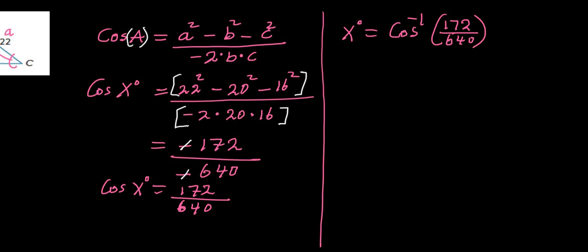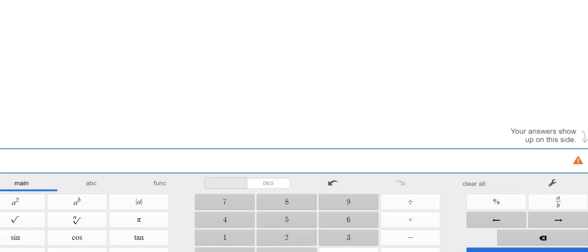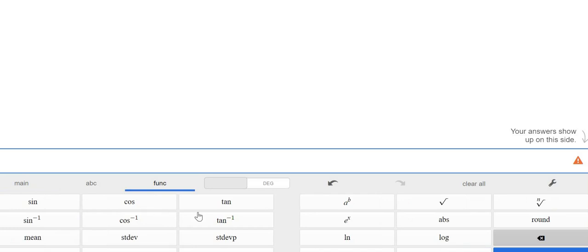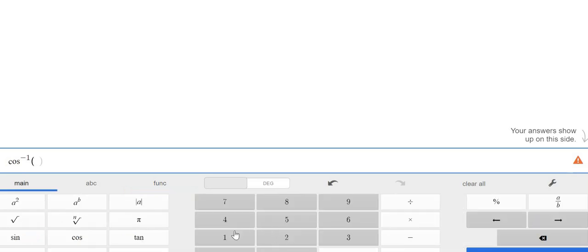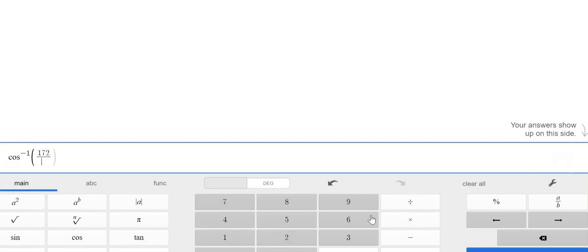You can use a calculator to find this value. So let's quickly do that now. The reciprocal of cosine and 172 divided by 640, close parenthesis.